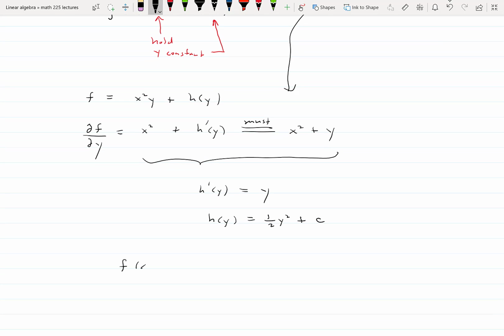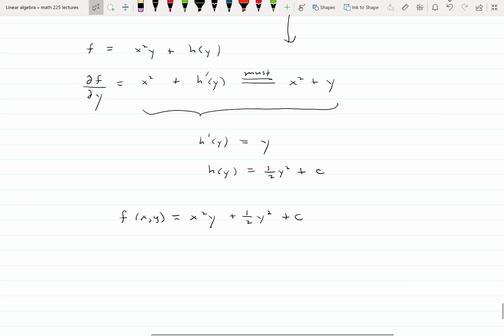So my potential function then looks like x squared y plus that h of y, which is 1/2 y squared plus a c. I only need one potential function. So let c equal 0.